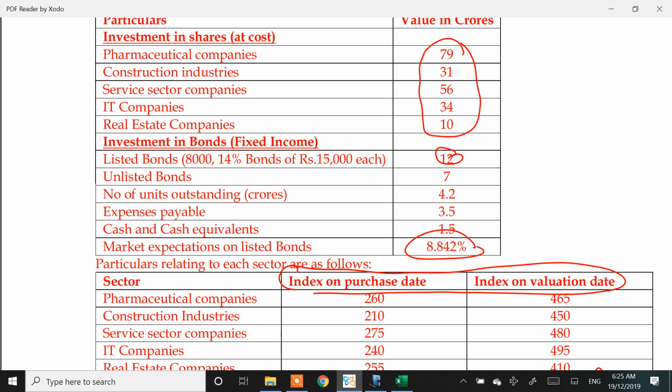The rate of interest paid by the bond is far higher than the expectation of the investor, so such bonds have to ideally quote at a premium. Whatever value of 12 crores is given, that's basically the face value or the cost price. I have purchased it at 15,000. Can you tell me what will be the amount of interest on a single bond?